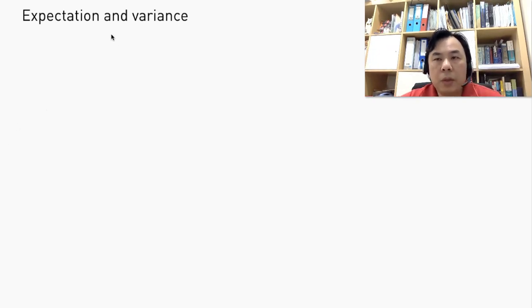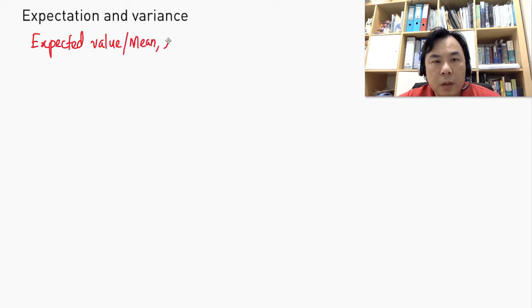Now, before that, we're going to recap the definitions for expected value. Expected value, or in general, is the mean itself. So, expected value, or sometimes you call that mean. It can be given by this simple notation here, or it could be written in this notation.